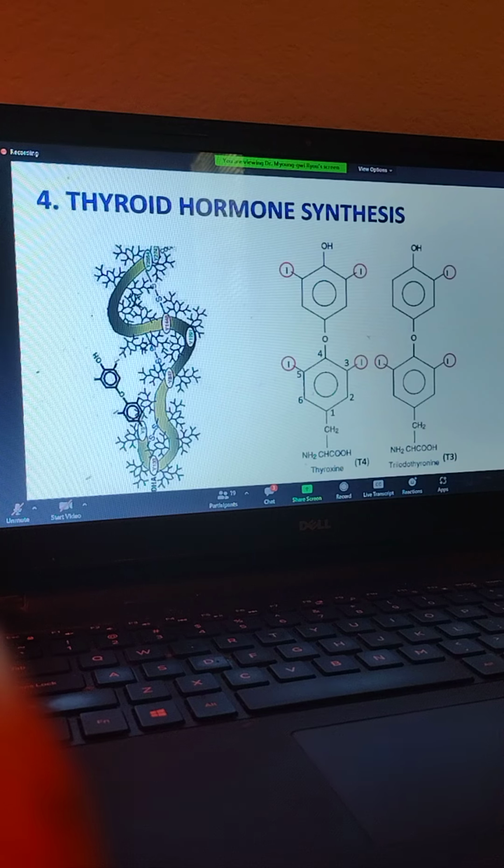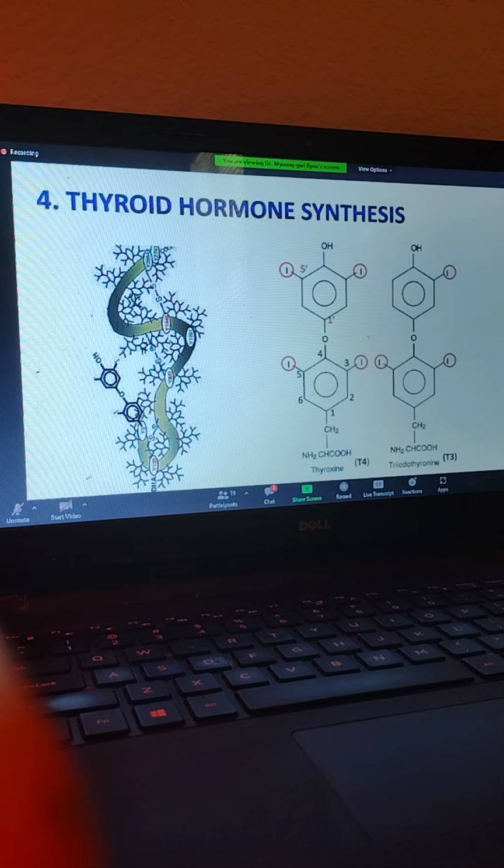And we have the second ring, through the O linkage in here, and that's the prime. So we have 1 prime, 2 prime, 3 prime, 5 prime, something like that. So if you're looking at the numbers in T3, we have the iodine missing at the 5 prime position, right? You have to know the difference between T4 and T3 in terms of iodine location.